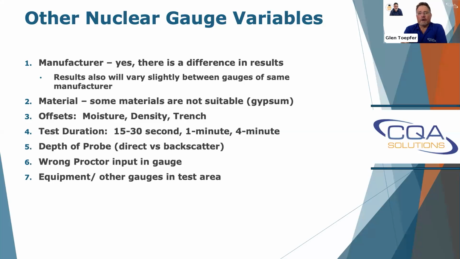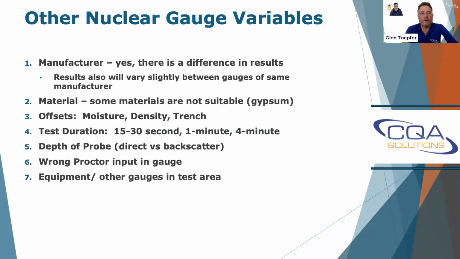Other nuclear gauge variables: manufacturers. You do see a difference in results between different manufacturers. I see CPN gauges, at least on the soils that I use in Ohio, I think I've always seen tend to be closer to the actual moisture. Troxlers are slightly different. And it's not a major difference. I'm only talking a percent or two here.